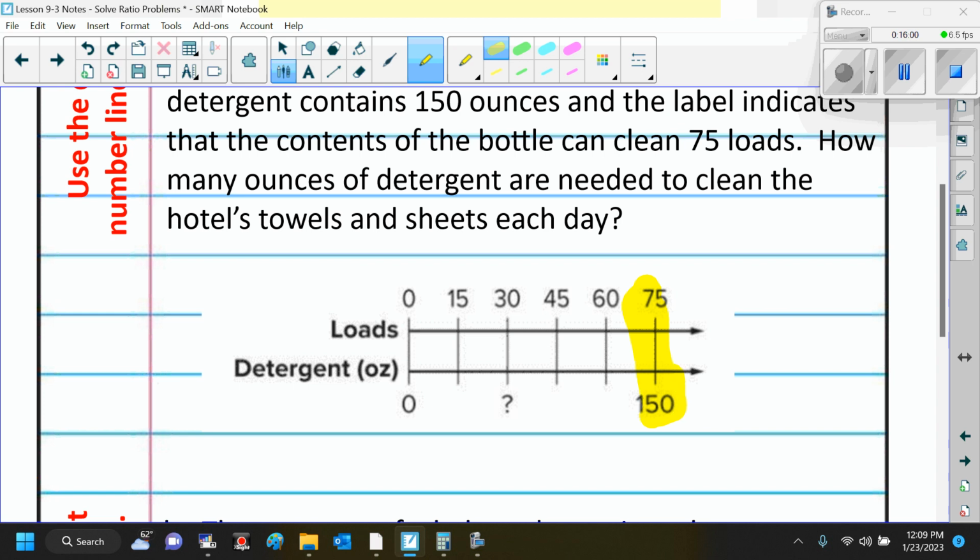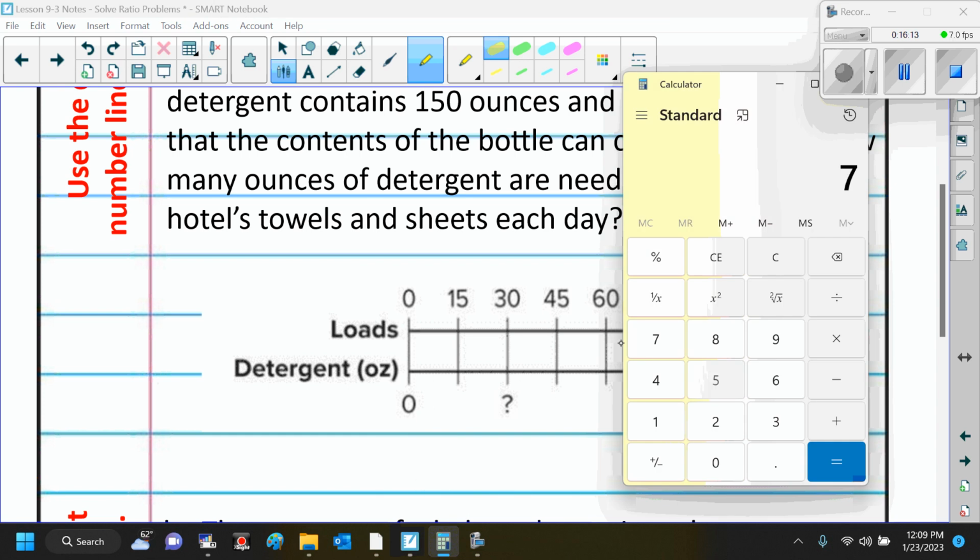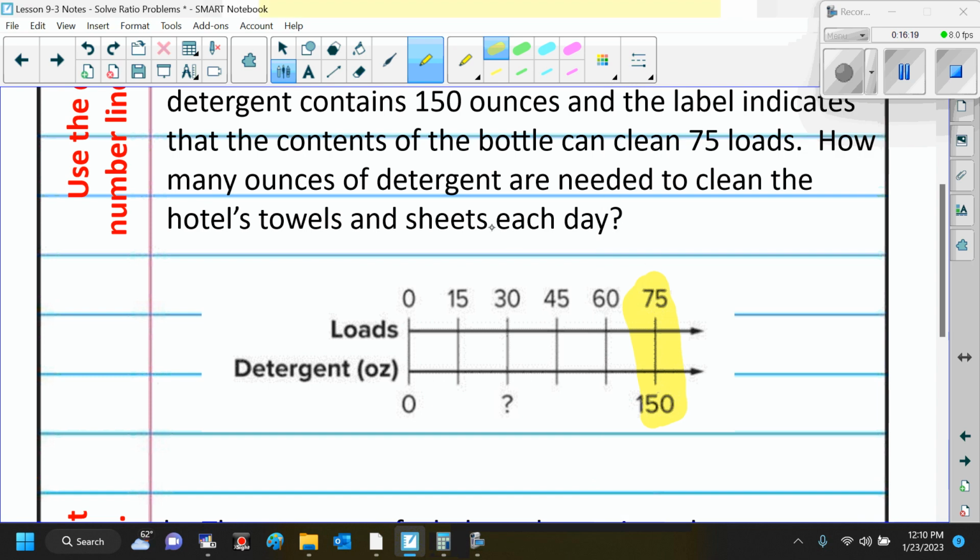So, can I get from 75 to 30? Not directly, right? Can I get from 75 to 15? Yes. So we can just divide by 5 to get to 15. Is everybody with me? What's that called when I divide? Scaling back, right? So we're going to divide by 5 here.